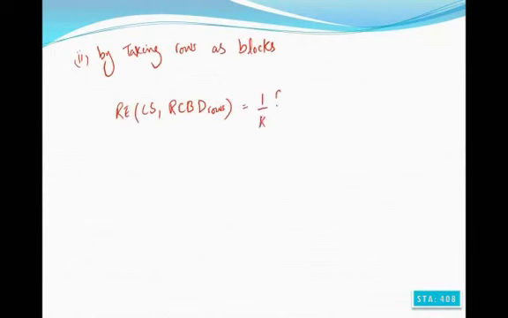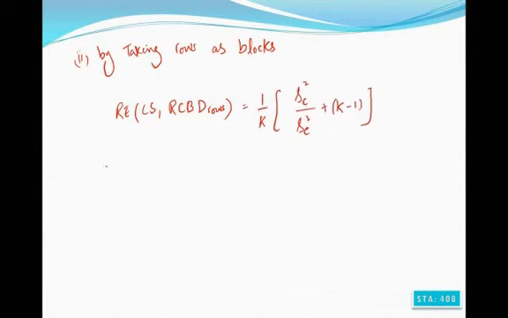By taking rows as blocks, the relative efficiency of Latin square design to RCBD is given by the formula 1 over K times (SC square over SE square plus K minus 1).